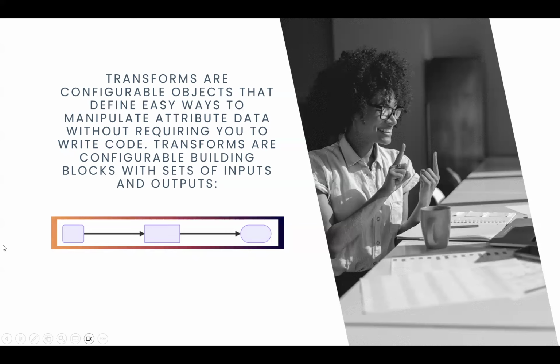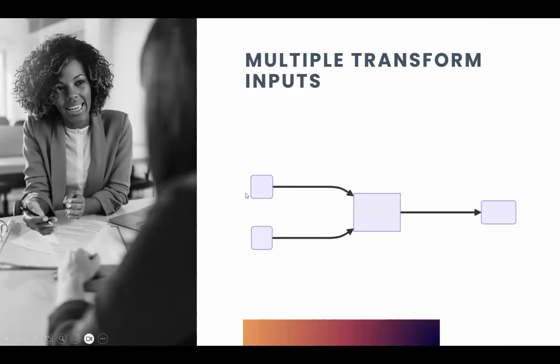So in this case, we are giving only one input to one transform and the resultant is one output. But we can also give multiple inputs to one transform. Suppose, let's take the example of concatenation. We all know string concatenation. Suppose this is the first name, this is the last name.